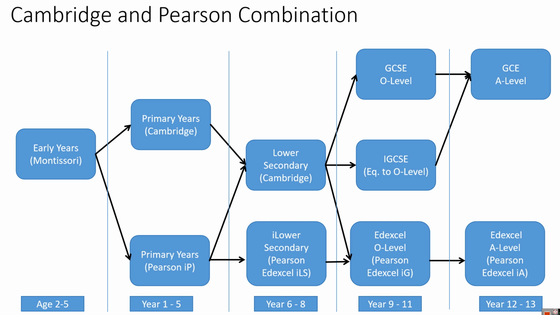Then from both of these you can proceed to GCE A levels, or you can also opt for Edexcel A level, but that usually is not recommended because the level of understanding required in the Edexcel A level is way higher compared to the GCSE or IGCSE streams. So usually the candidates opting for the Edexcel A level are coming from Edexcel O level, which is the Pearson IG and the Pearson IA for year 12 to 13.